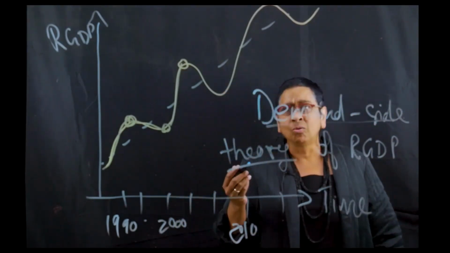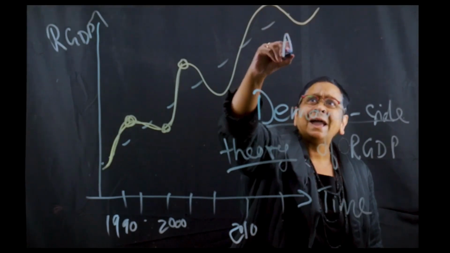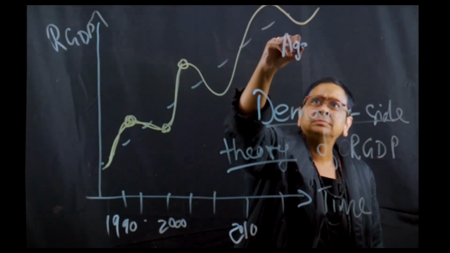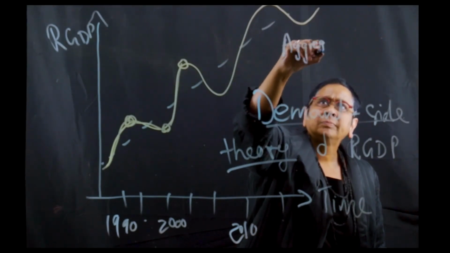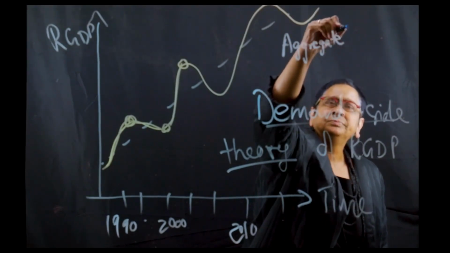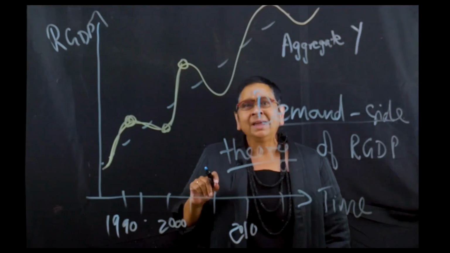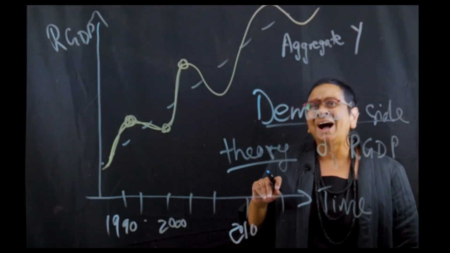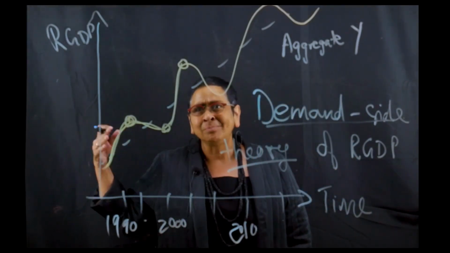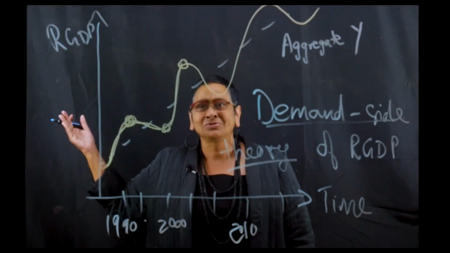This is sometimes also called the aggregate income, and I'm going to use the symbol Y for income, because the symbol I is going to end up being used for investment.